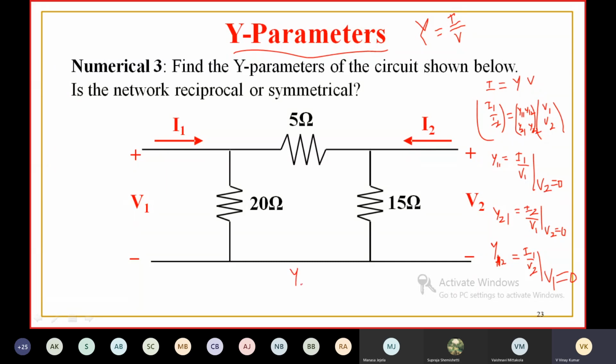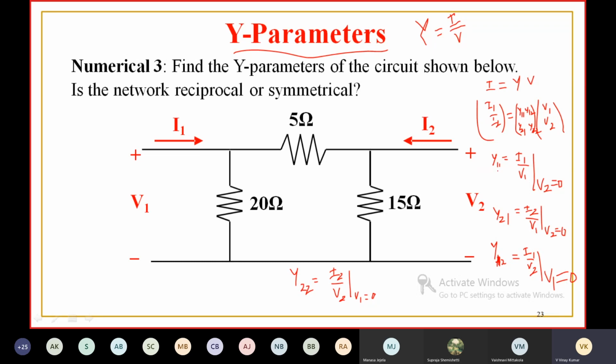Y22 is equal to I2 by V2 when V1 is equal to 0. You remember like this. Anyhow, all Y parameters are equal to the ratio of current to voltage.